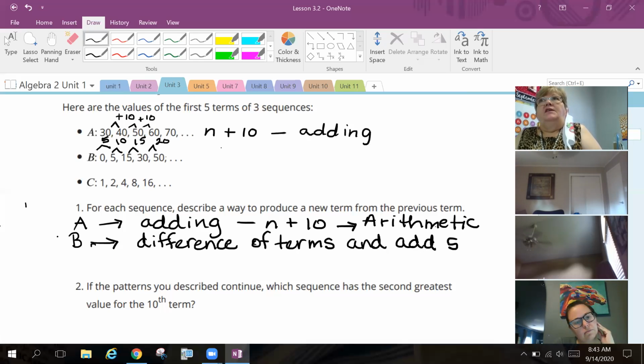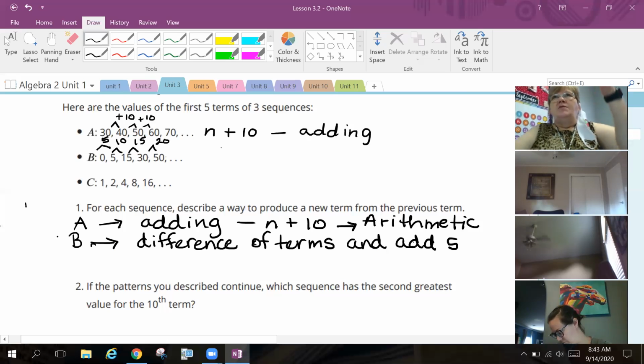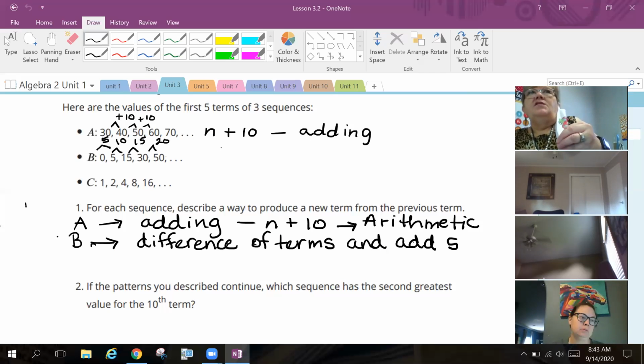Yes, it's a difference, but you're adding 5 to the difference. So there's no consistency. You can't find the 25th term because it's not happening on a regular basis.